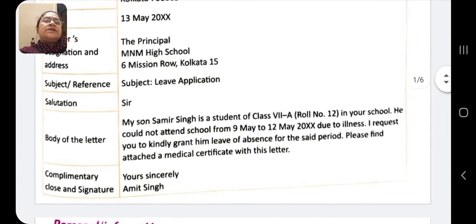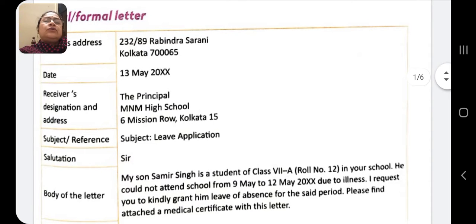Now let's read this letter. See, 232 by 89 Rabindra Sarani, Kolkata 65. This is the sender's address. 13 May 2020. The principal, MNMH High School, 6 Mission Road, Kolkata 15. This is the receiver's designation and address. Then subject, leave application.